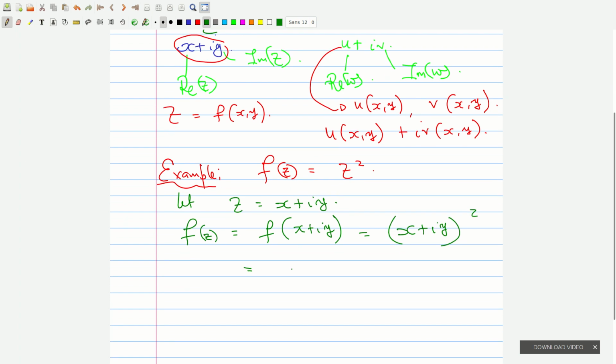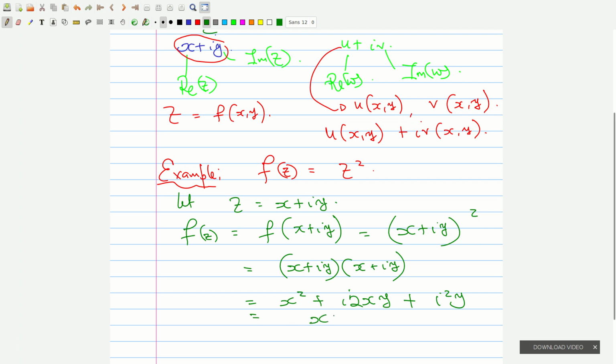If we expand this, we have x plus iy times x plus iy, and so we have x squared plus 2xyi, and then plus i squared y squared.